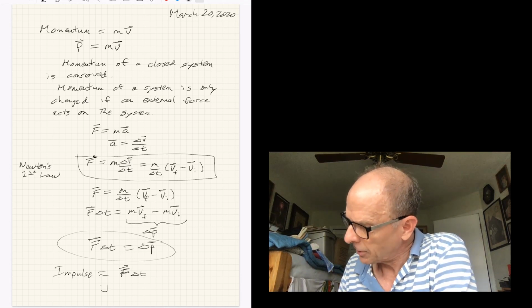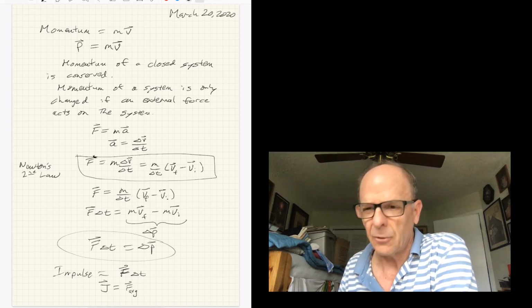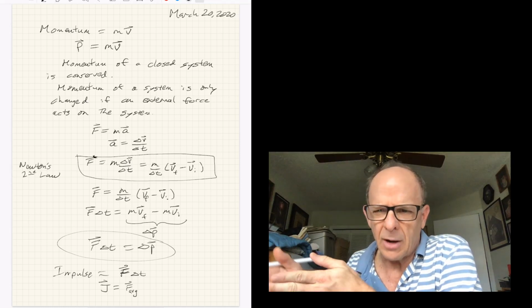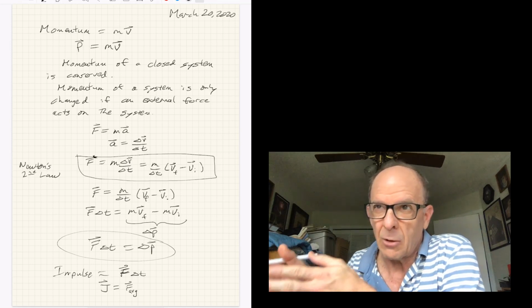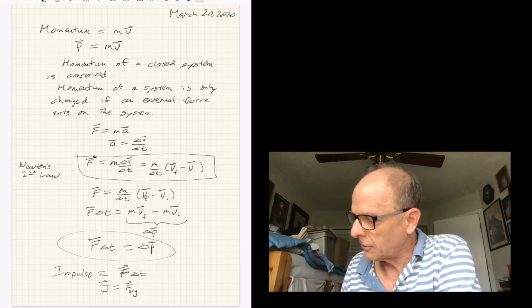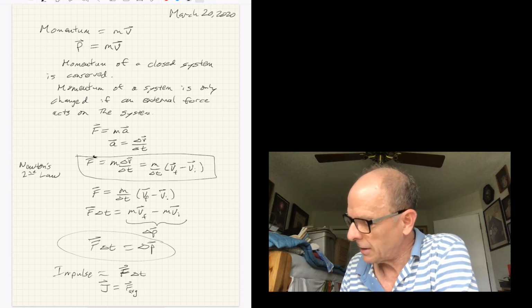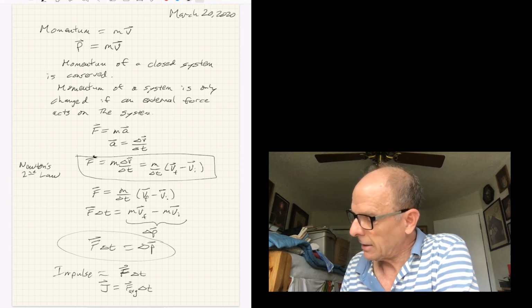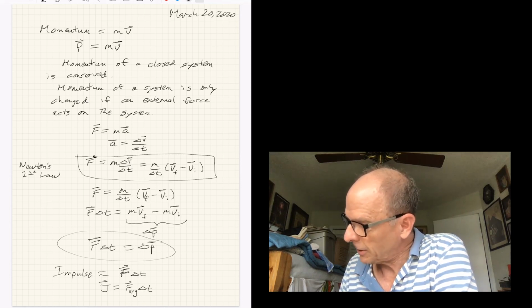We use the letter capital J to be the impulse, and because over that short period of time the force goes from 0 up to some maximum value and back down to 0 again, it's not a constant value. We just can say we're going to take the average value of the force times the time, and that impulse then is equal to the change in momentum.